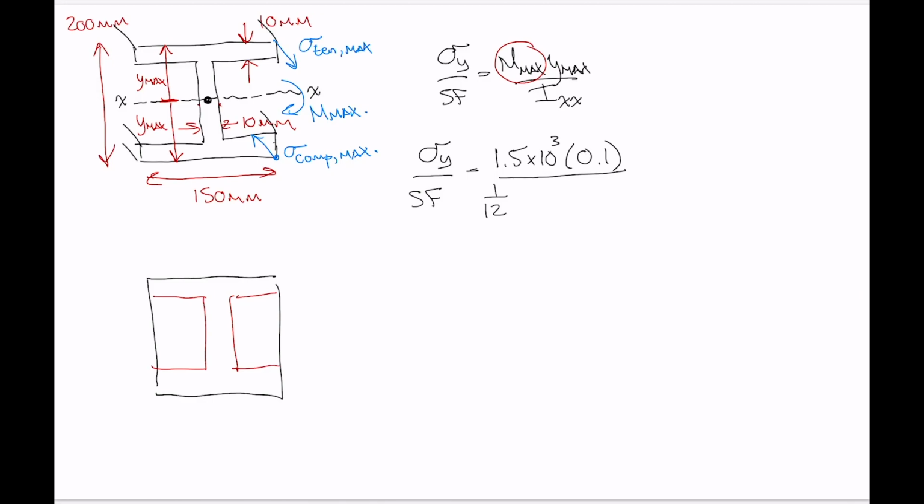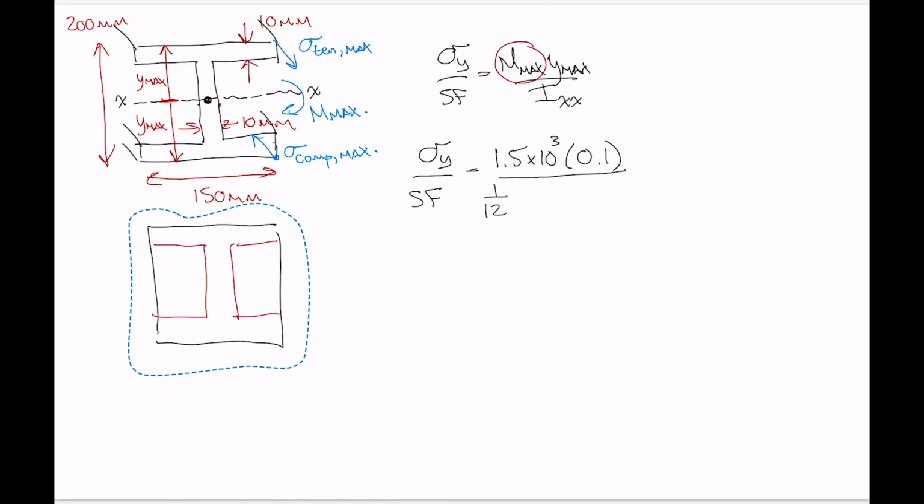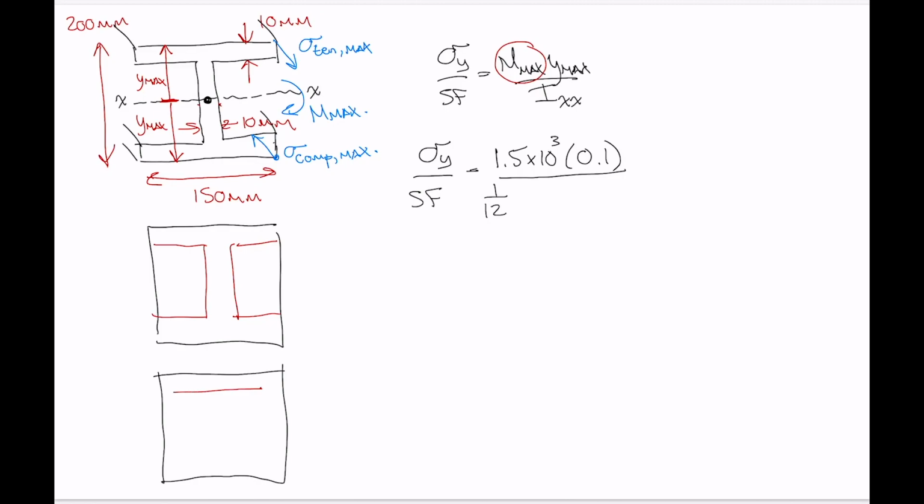But rather than subtract them off as two individual pieces and multiply them by 2, it's even easier just to consider those two pieces as one combined piece and just subtract off that area there rather than calculate two individual areas and subtract them. So that's what we'll do.